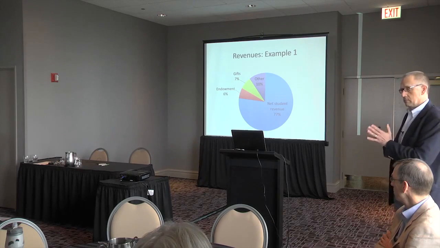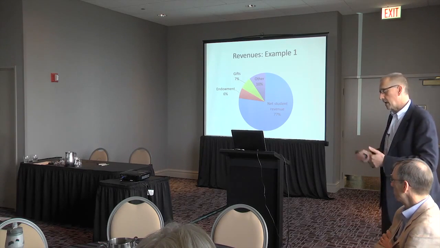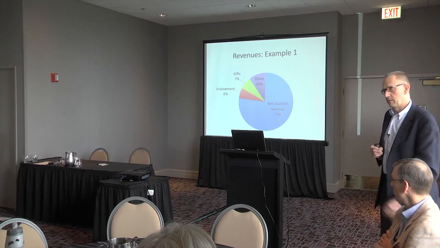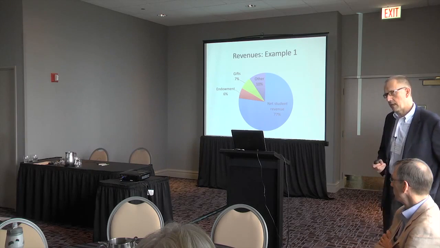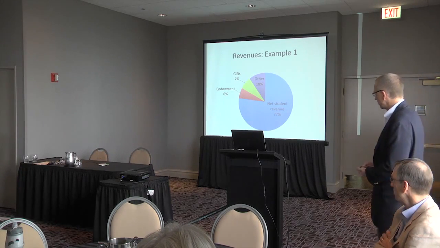And then there's a chunk of other, things like auxiliaries and other kinds of revenue. This is where there's a lot of diversity within the ACM in terms of what goes into the other portion.